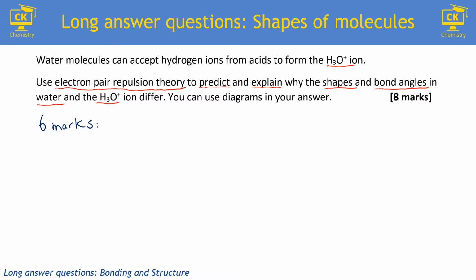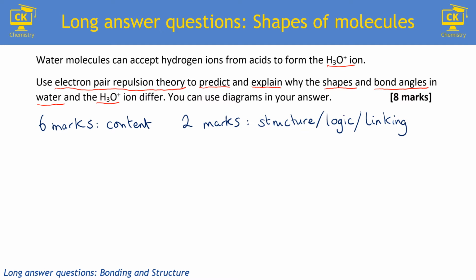for content, what you actually write, versus 2 marks for how you write it, the structure and the logic or reasoning and the linking of different facts together.